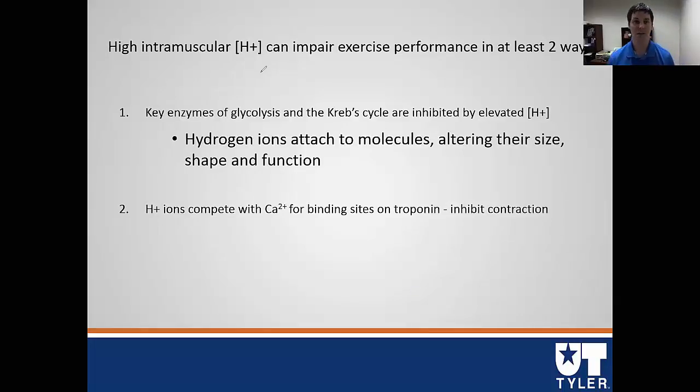Based on our overarching principle of metabolic supply and demand, if our supply decreases, then the power output to meet that demand is also going to decrease. It's also interesting to note that a high level of hydrogen ions compete with calcium for binding sites on troponin C, to be specific, and when they do this, they inhibit and delay muscle contraction.